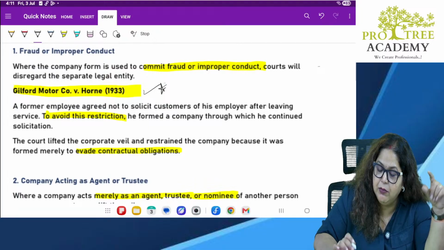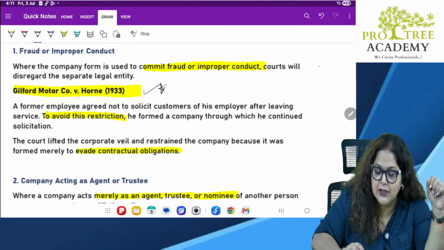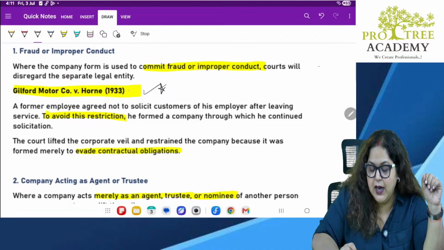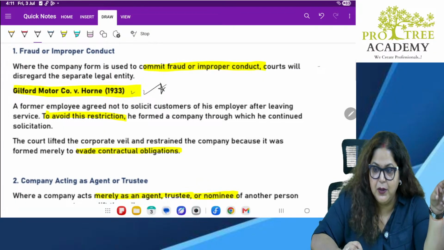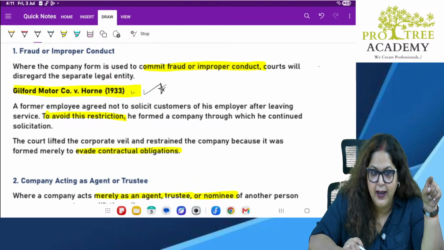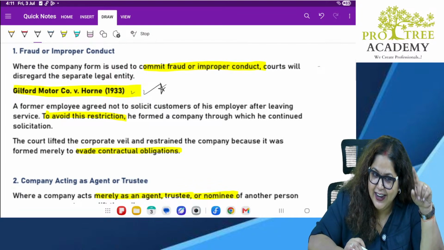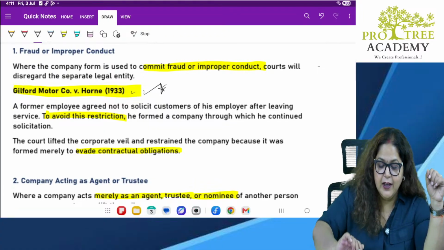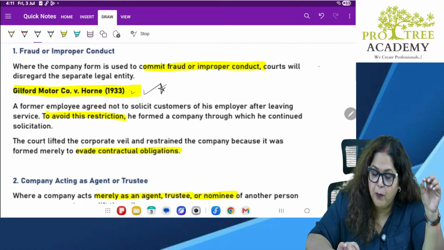These things you have to remember, beta; they will ask on this topic. Gilford Motor Company versus Horn. Which year? 1933. Smith versus Anderson, year 1880. 1880. Yes. Okay, so Gilford Motor Company versus Horn is the case of fraud and improper conduct.